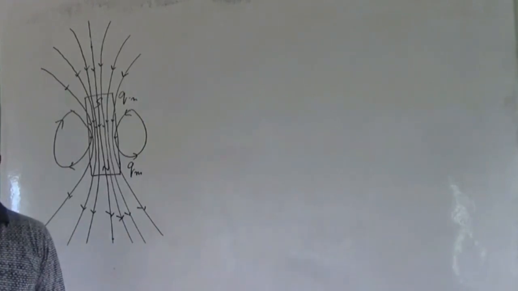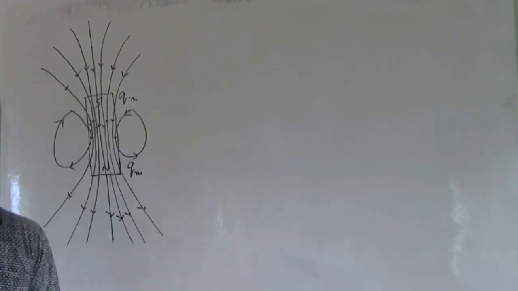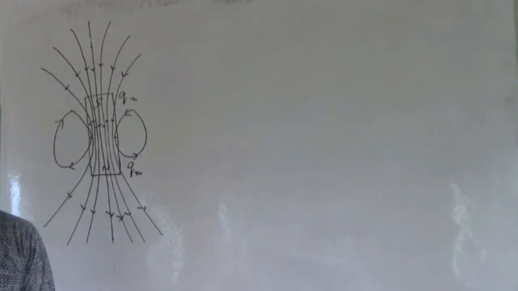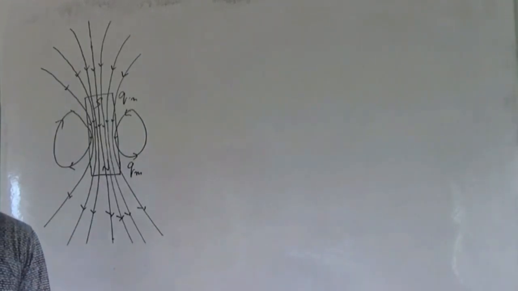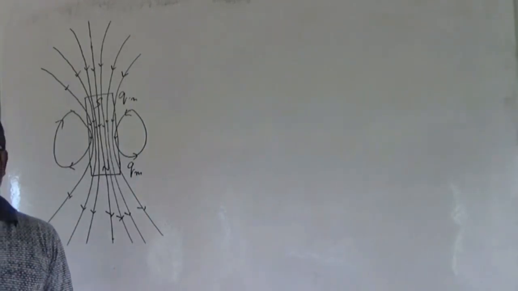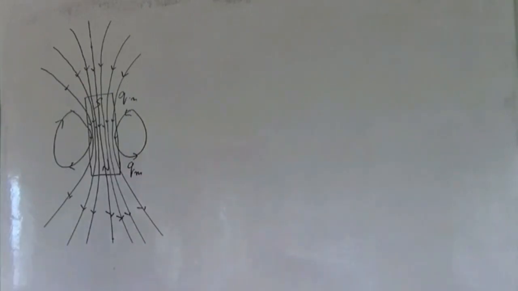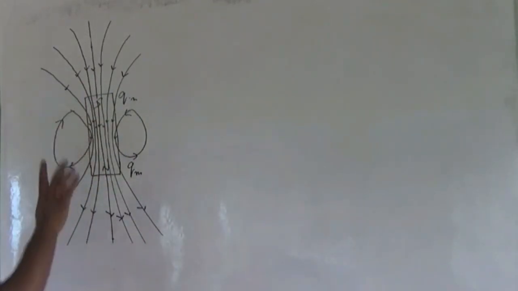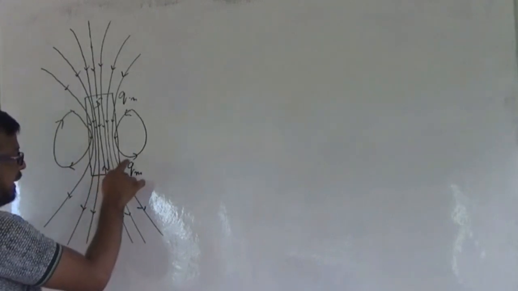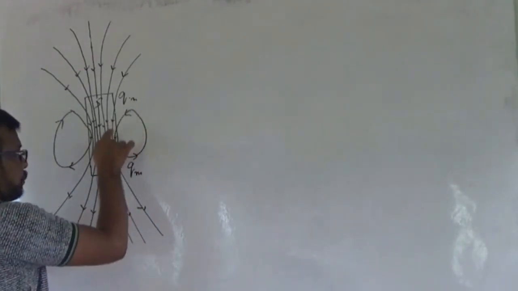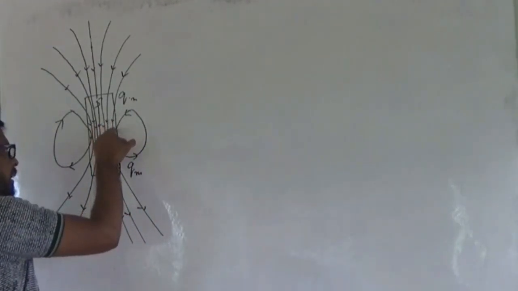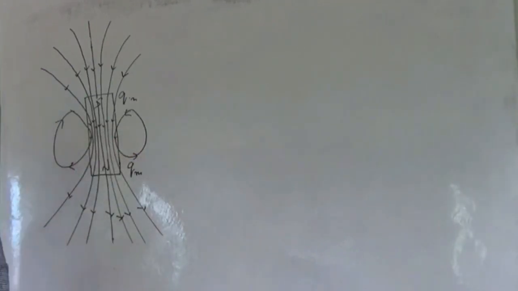See here, continuous lines. These are continuous closed lines traveling from North Pole to South Pole outside the magnet. But inside the magnet, these lines are from South Pole to North Pole.